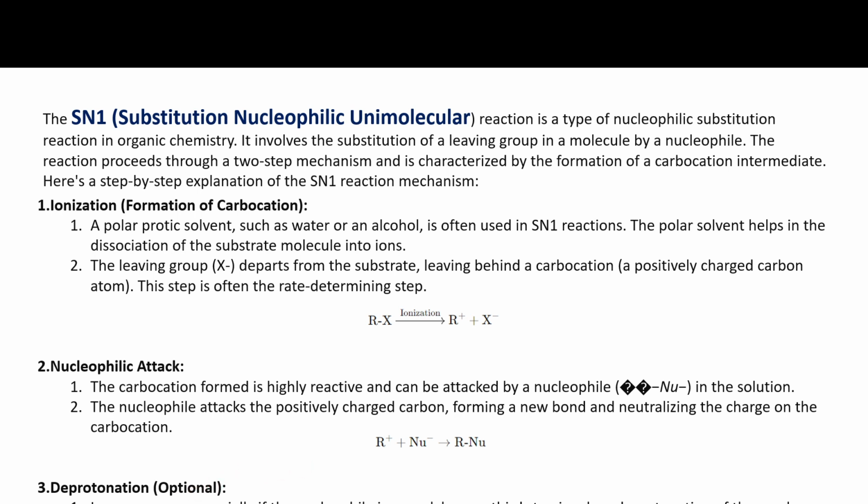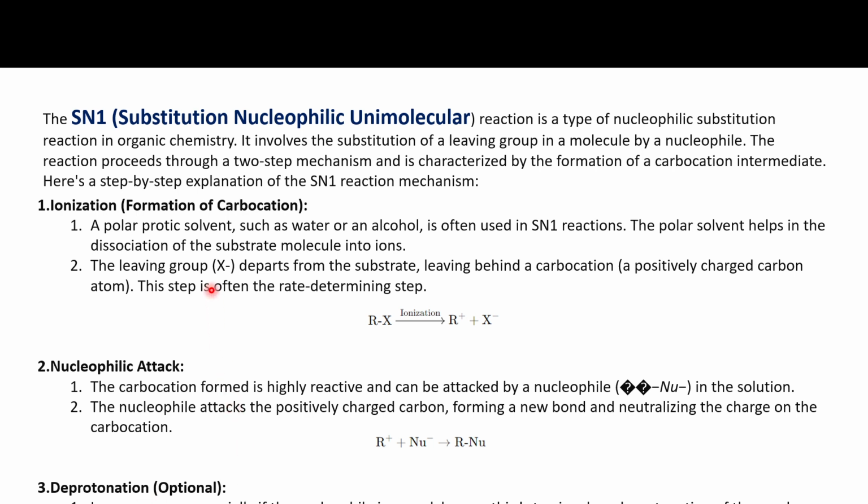But sometimes if your nucleophile is a very weak base, then a third step is needed, and that is the deprotonation step. The nucleophile which has a hydrogen attacks your substrate, and then the nucleophile loses its hydrogen, as it is sufficiently neutralized by the substrate, so it loses its H plus.